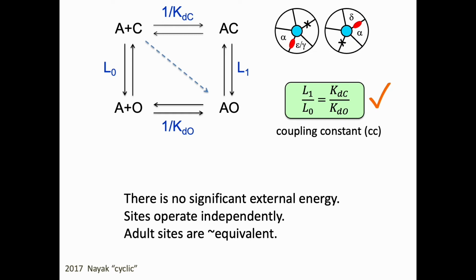He noticed that the clockwise equilibrium constant, the product of these two equilibrium constants, should equal the product of the counterclockwise equilibrium constants without any external energy. And that leads to this equation here to the right, which is that the ratio of gating constants is equal to the ratio of binding constants. And that ratio was called the coupling constant, which I'll abbreviate CC.